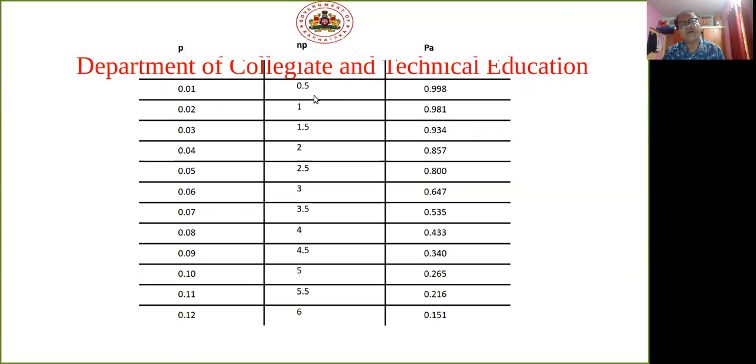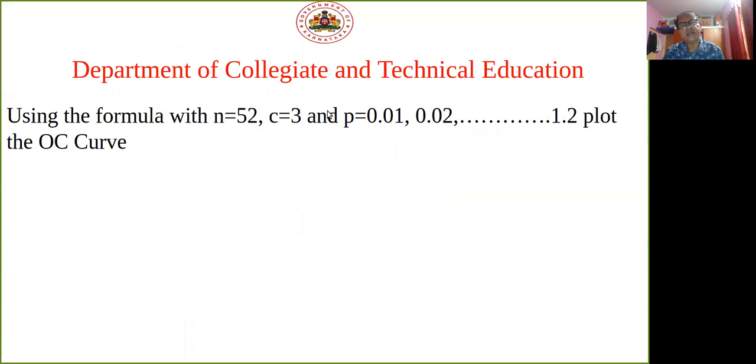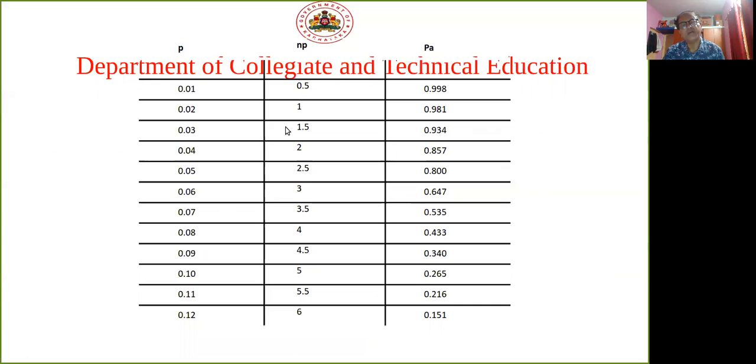So for np equals 0.5 and c equals 3, you can see here from the table, we will get Pa equals 0.998. And for np equals 1 with c equals 3, we will get the value Pa equals 0.98.